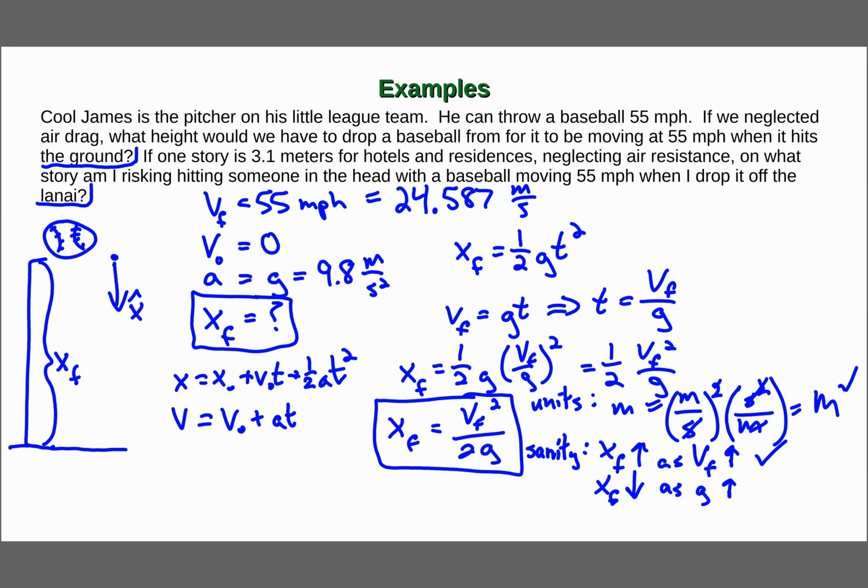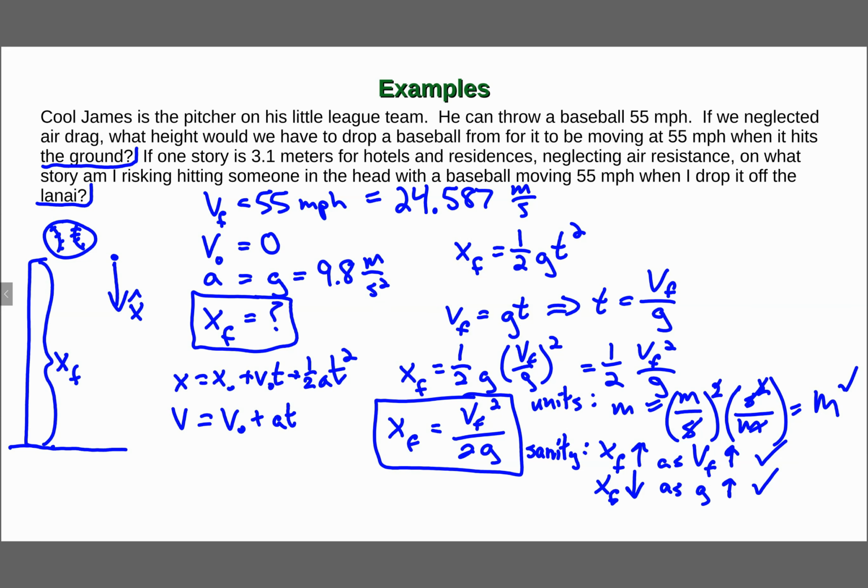So if I had a greater acceleration due to gravity and I was going to drop it and have it reach the same speed, I would have to drop it a shorter distance because now it has a bigger acceleration. That makes sense. So you can see the behavior of my equation matches the behavior that makes sense in the physical world.